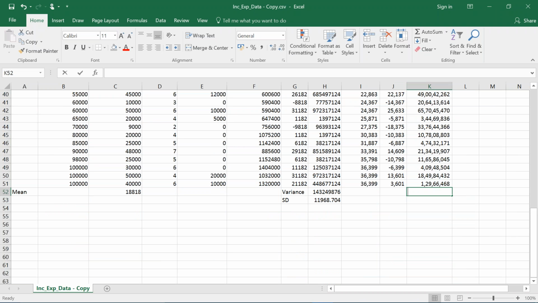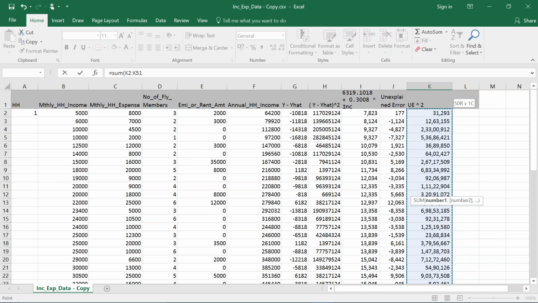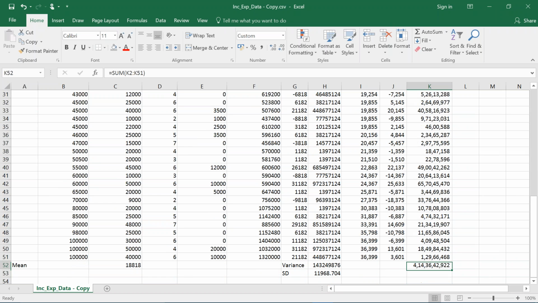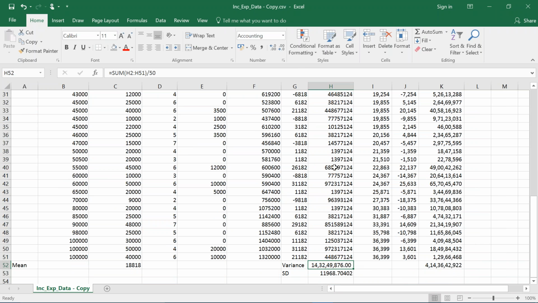Let me do sum of this. This number also, let me put the comma formatting. This was the total variance of the expense variable, and this is the unexplained component. The difference between this and this is explained.